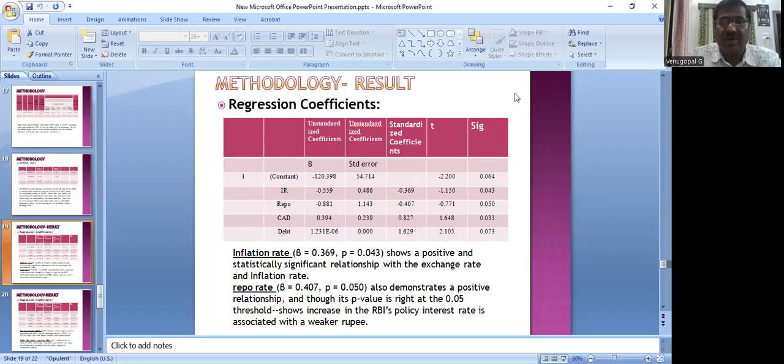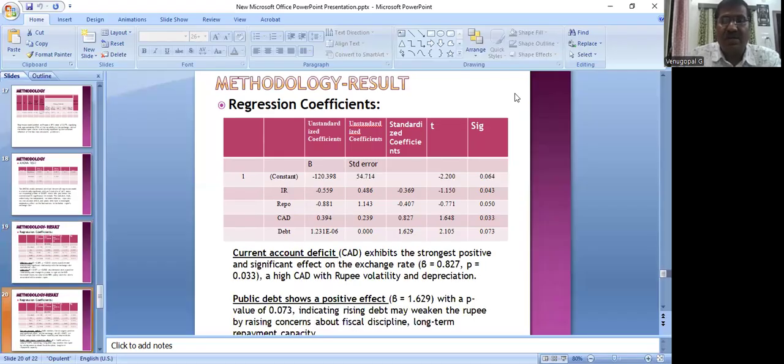The second result we got, with repo rate, is a beta of 0.407 and p equal to 0.050, demonstrating a positive relationship through its p value, which is at the 0.05 threshold, showing that an increase in the RBI's policy interest rate is associated with a weaker rupee.